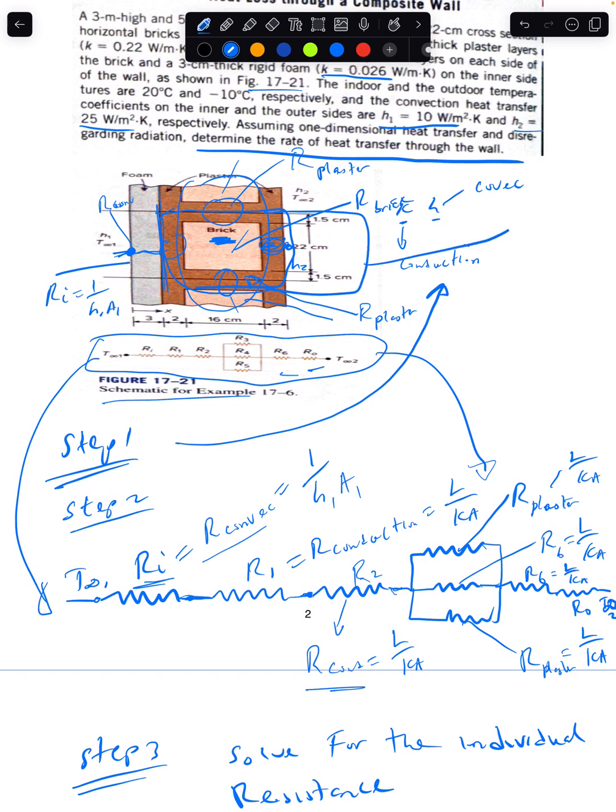We have 1.5 plus 22 plus 1.5, that gives us 25 centimeter, which is equal to 0.25 meter.